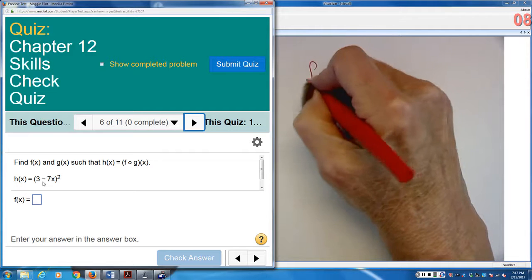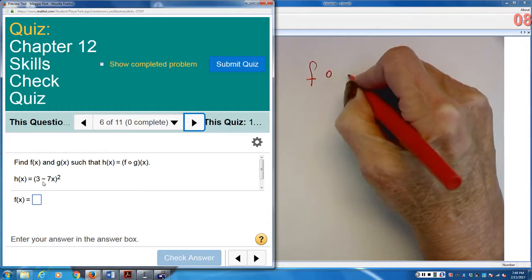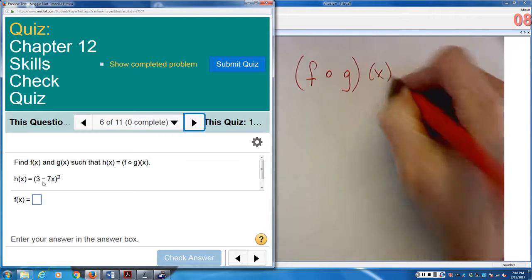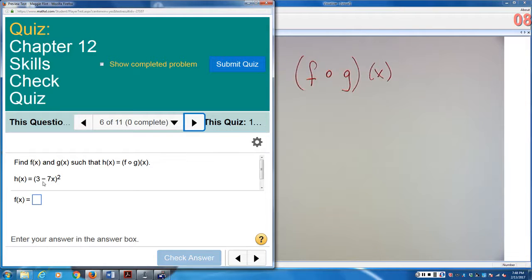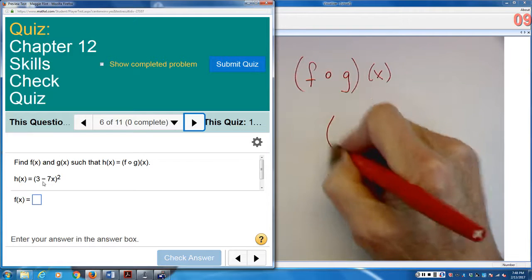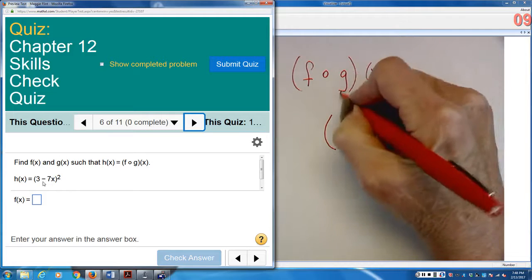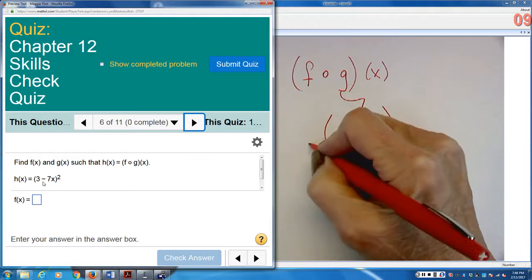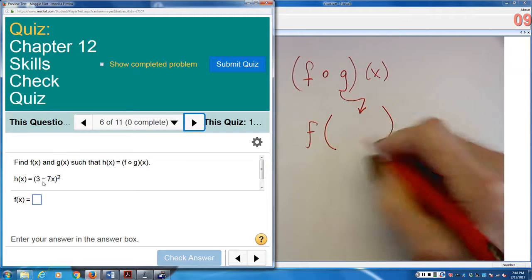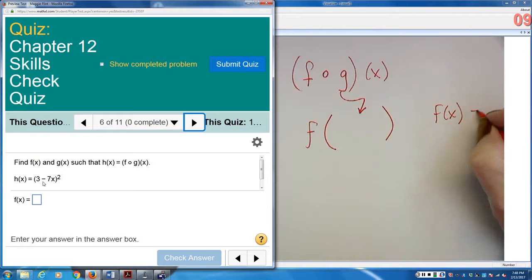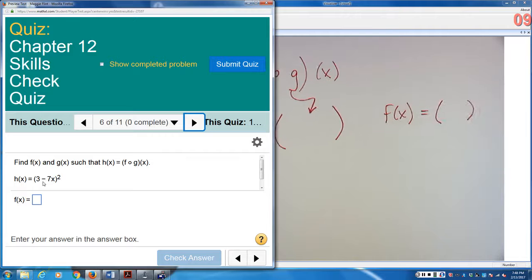Remember, anytime it says f of g, whatever the variable is, f is the one that's on the outside, and g is the one that's on the inside. So f of x is equal to, those parentheses are being squared.